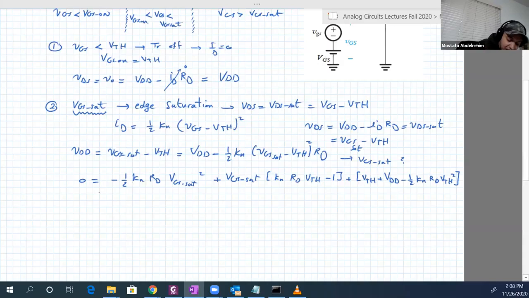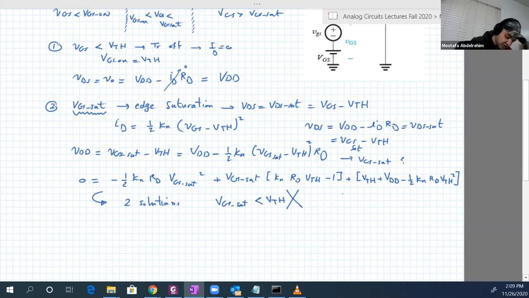But basically, this equation, if we know VDD, RD, Kn, and V threshold, will give you two possible solutions. But you will find that one of them is less than V threshold, which is wrong.